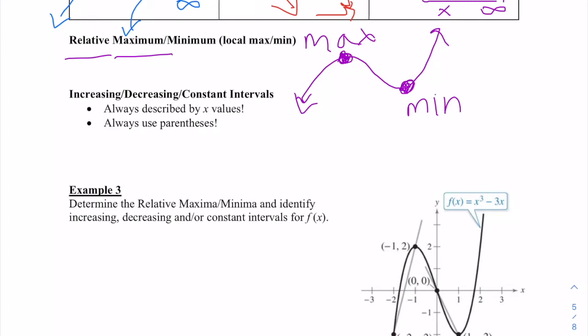If you notice, if this was a roller coaster, you would be going up and then going down and decreasing, right? And then you get to the minimum here and then you increase again. So between these relative extrema or inflection points, we can have different intervals where the function is increasing, decreasing, and constant.